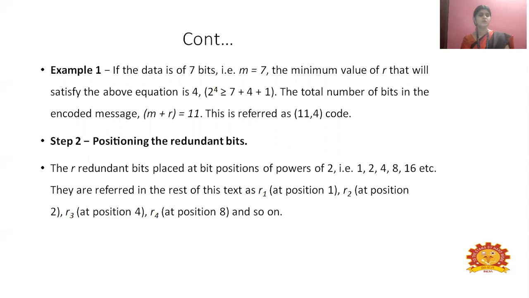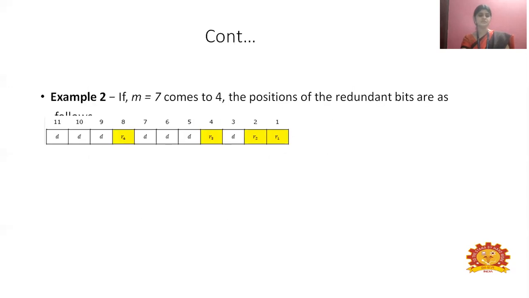So step 2, positioning the redundant bits. The r redundant bits are placed at the bit positions that are powers of 2, that is 1, 2, 4, 8, 16, etc. These are referred to in the rest of this PPT as R1 at position 1, R2 at position 2, R3 at position 4, and R4 at position 8, and so on.